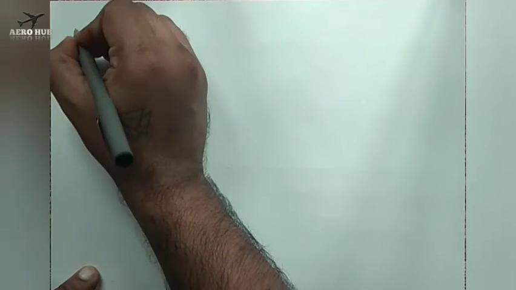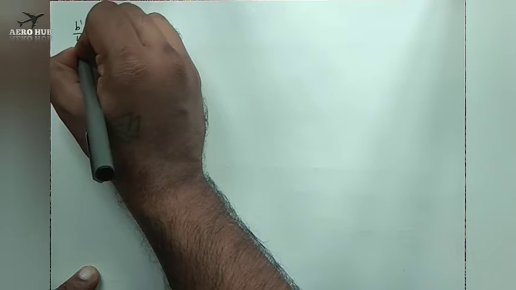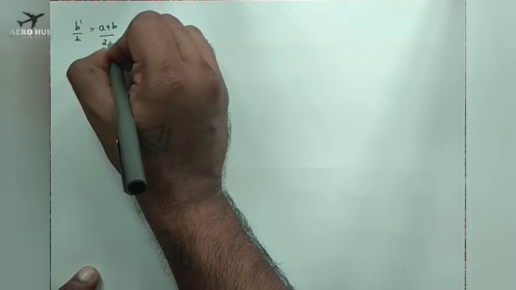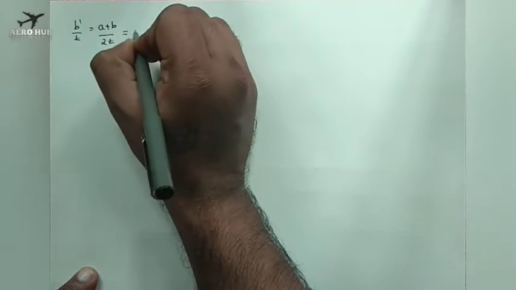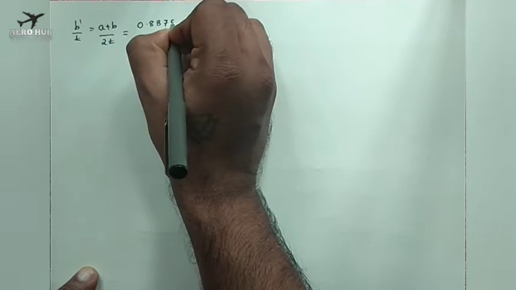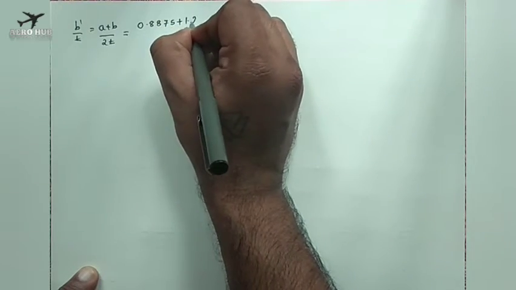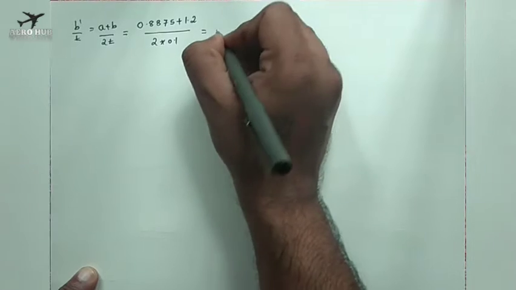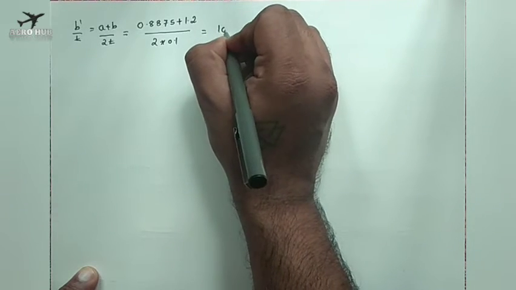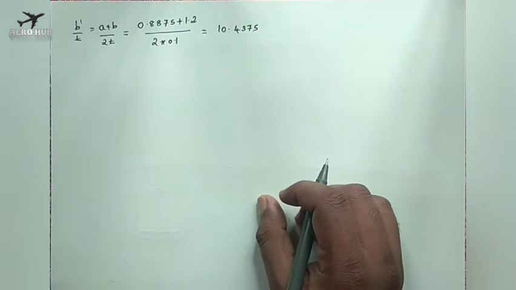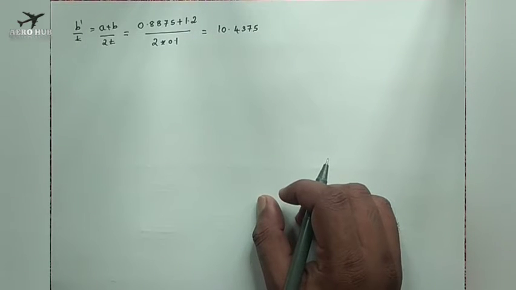B dash by T is equal to A plus B divided by 2 times the thickness, and the value of A is 0.8875 and the value of B is 1.2, divided by 2 times the thickness, 2 into 0.1. So I will be getting the answer as 10.4375. This is the value of B dash by T.